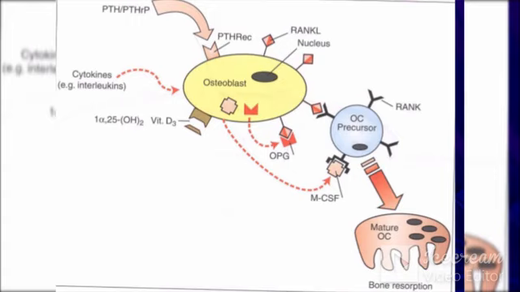Osteoclasts are regulated by osteoblasts through RANK, RANKL, M-CSF, and prostaglandin. Osteoblasts control the rate of bone resorption. After bone resorption, osteoclasts die. Osteoclasts differentiate along the alveolar bone wall after 30 to 40 hours.